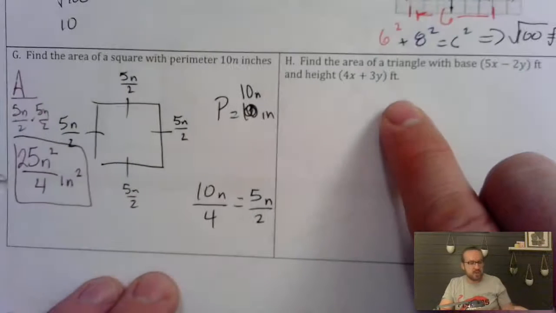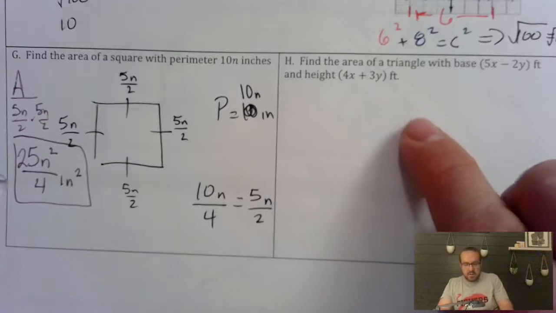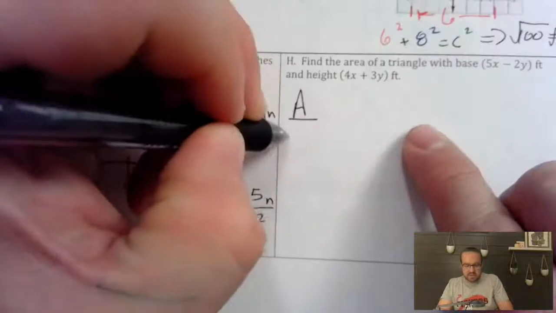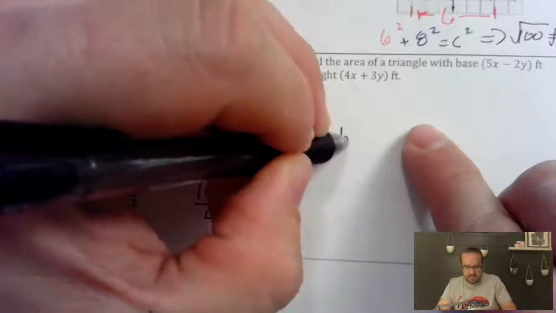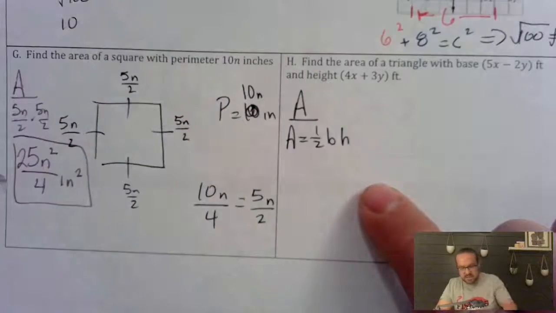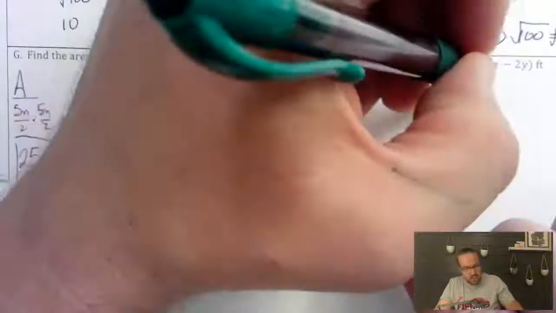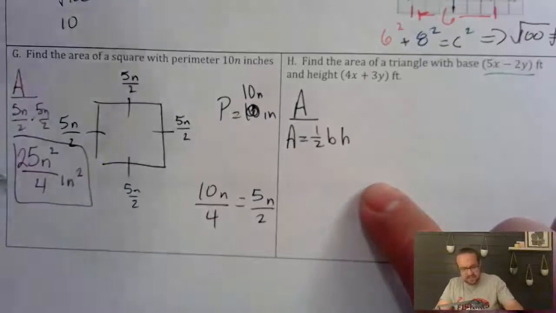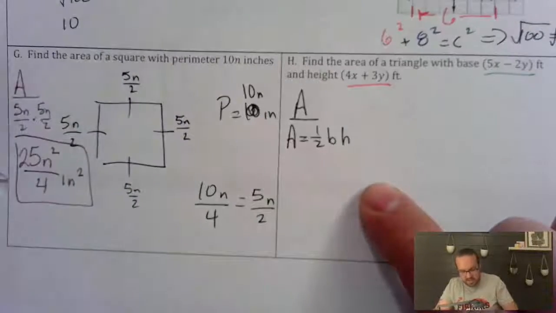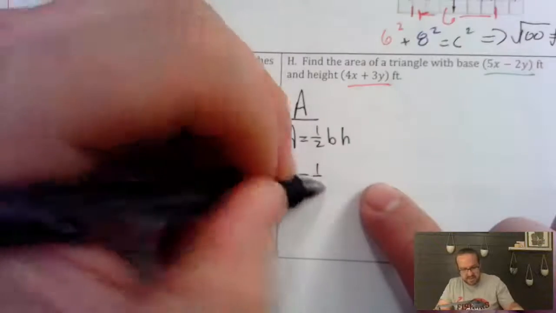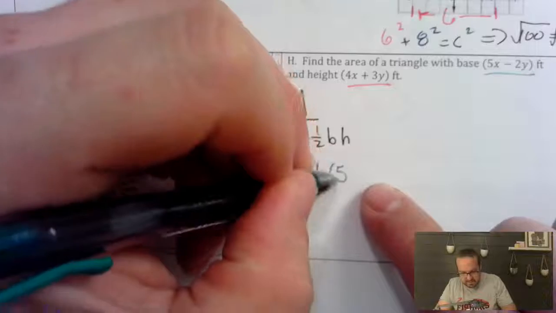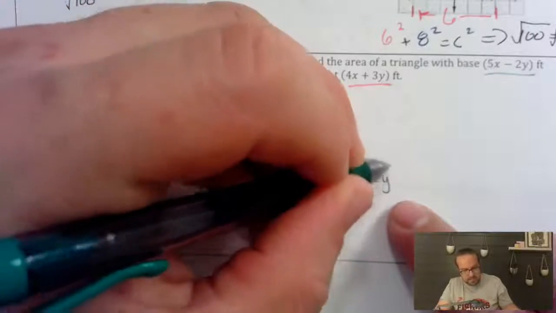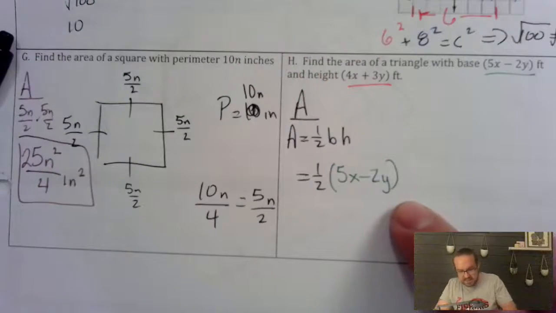We're finding the area of a triangle. Area of a triangle is just the 1/2 of the base times the height. So we established that this right here is the base, where this is the height. And so I just have it equal to 1/2 of the base, 5x minus 2y, times the height of 4x plus 3y.